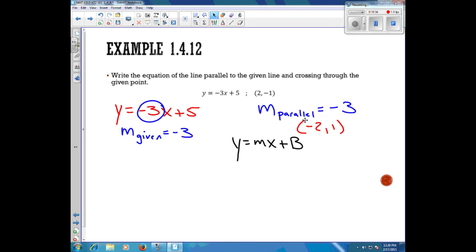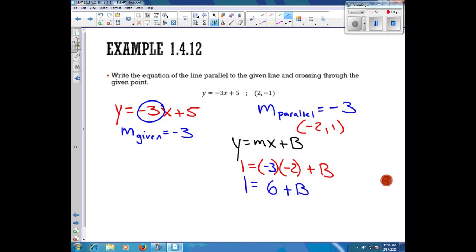And here we're going to say y is 1, x is -2, and m is negative 3. If we then solve for b, we get 1 equals negative 3 times negative 2 is positive 6, plus b, subtract 6 from both sides, and we get b equals negative 5.